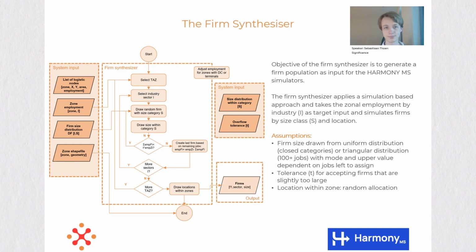So how this roughly works is that you loop over all the zones in your model, and you loop over the industry sectors in the zone. And for the employment for this zone and industry sector, you use Monte Carlo simulation to iteratively draw firms with a specific size until you have the full employment for this zone and sector.